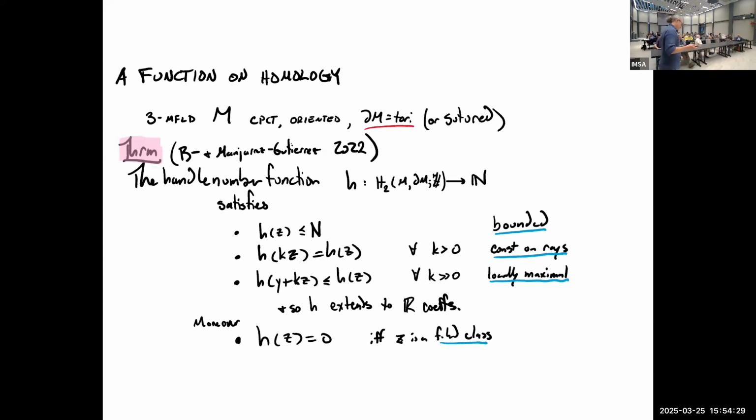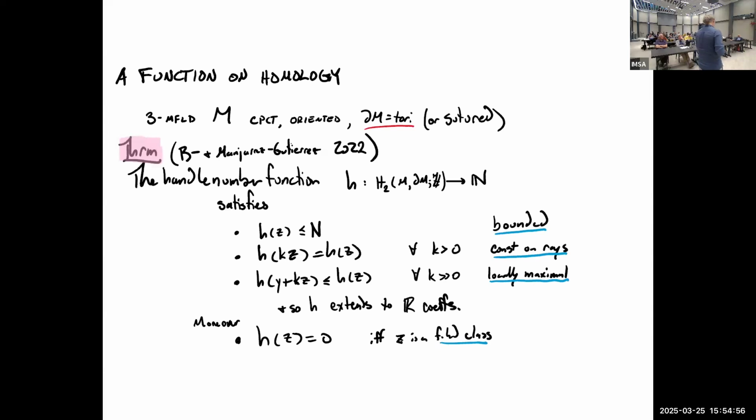And some of this is one of those things that after you see it, it seems almost obvious. But this handle number function satisfies three principal properties. First of all, it's bounded. For your particular manifold, with its given boundary structure, there's an absolute bound on the handle number. So it doesn't march off to infinity.